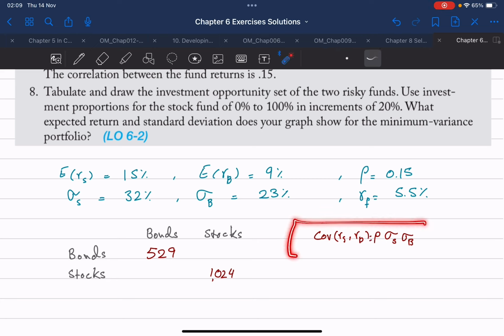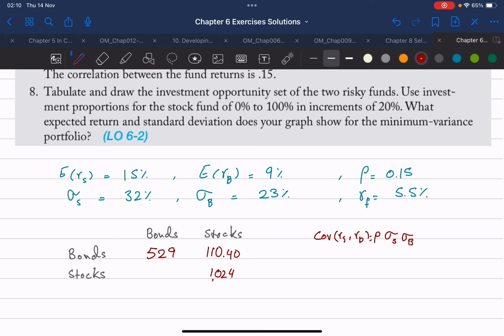Just keep that in mind. In our calculator we're going to say 0.15 multiplied by 32% multiplied by 23%. So 0.15 times 32 times 23, and that's going to give us 110.40.